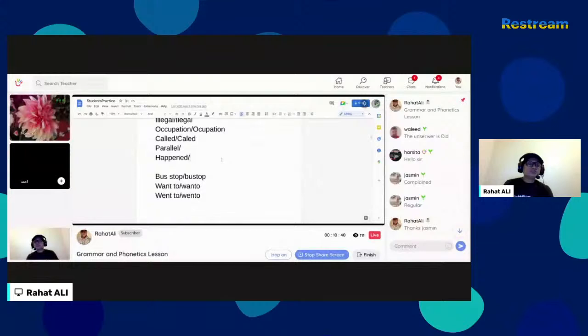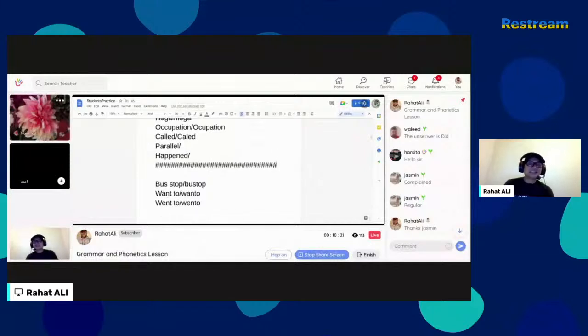Now, rule number 2: if a word has a consonant at the end, and the next word starts with a similar consonant, we bring them together and we pronounce only one of the consonants. Like bus and stop. In bus there is the letter S, and in stop there is the letter S as well.